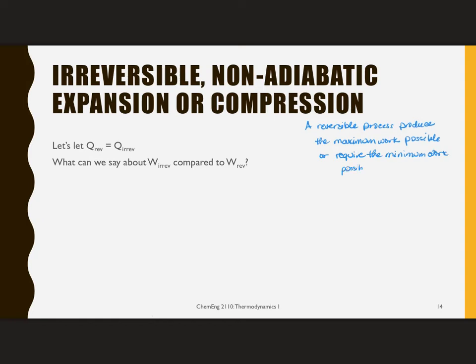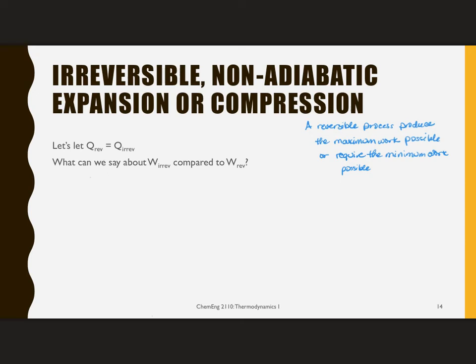And we will be somewhat proving this soon, but we can do this through an energy balance. But a reversible process is going to produce the maximum and require the minimum work possible. As we said when we were defining this and talking about the work that Clausius and Boltzmann did, this reversible assumption is going to produce the optimal path.